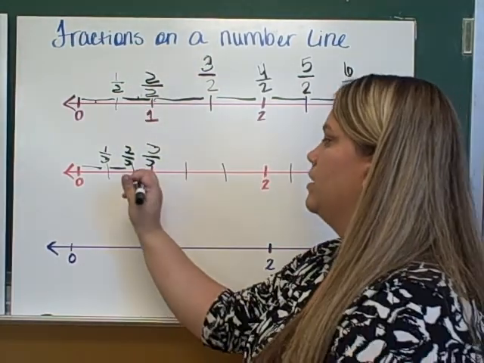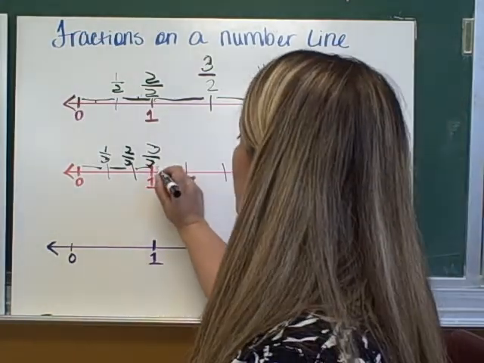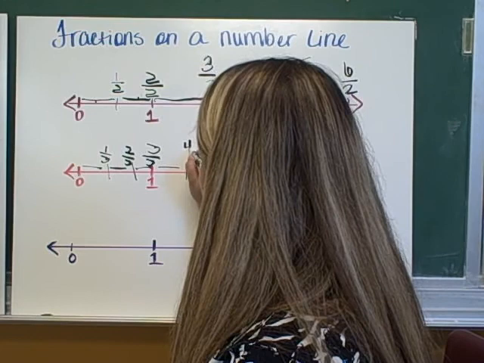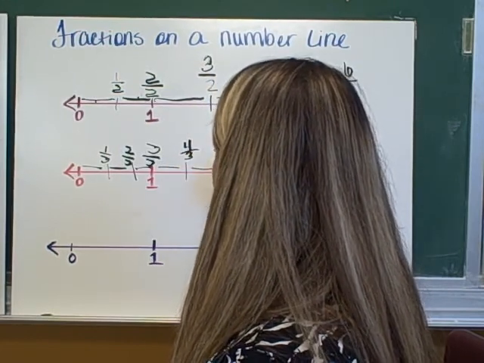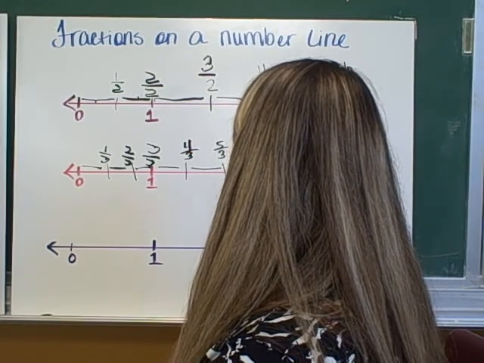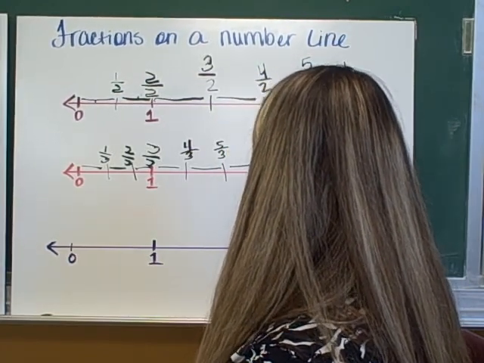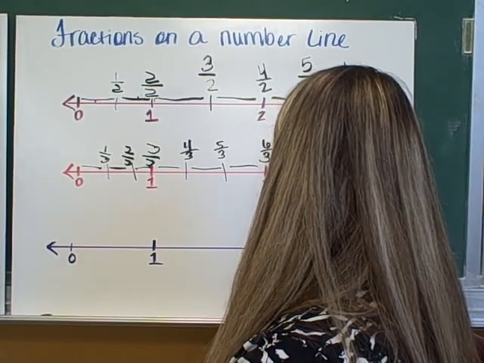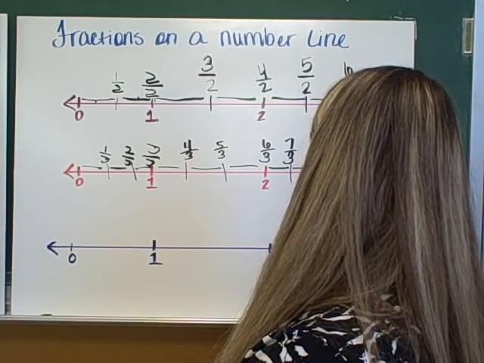Now I know my handwriting looks very bad here, but please bear with me. All right, so I'm going to keep going. I've got to 4 out of 3, 5 out of 3, 6 over 3, 7 over 3, 8 over 3, 9 over 3.